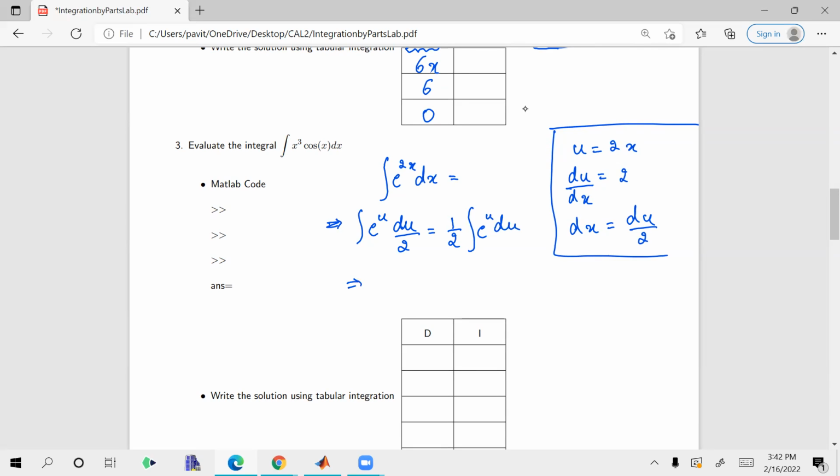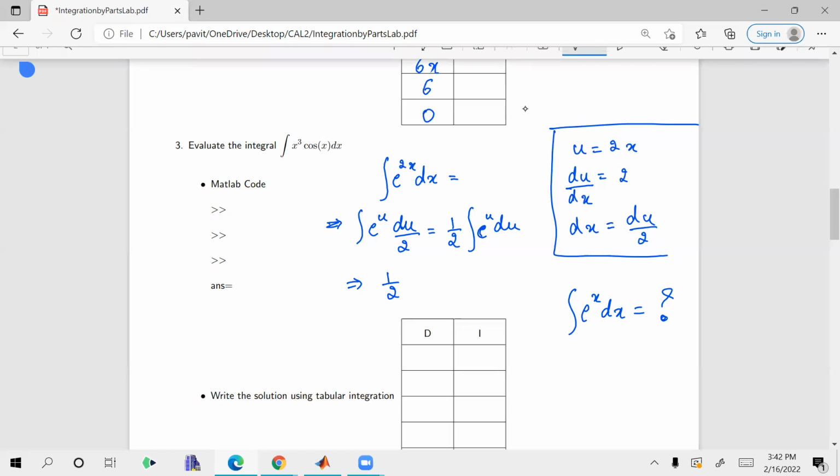Now, what is the integration of e to the power of x dx? You have a standard formula for this.